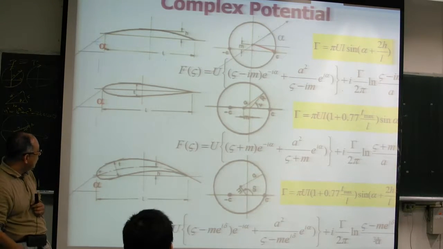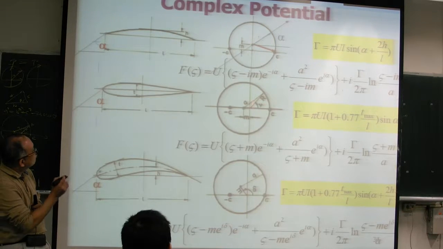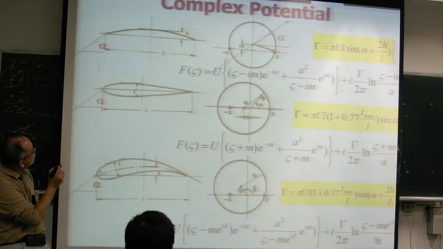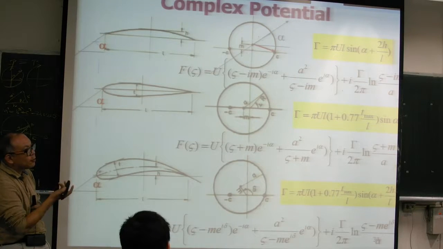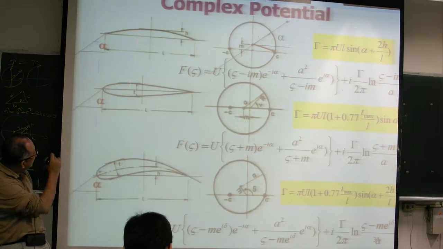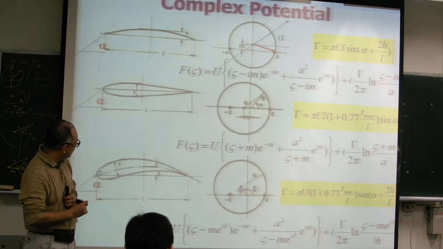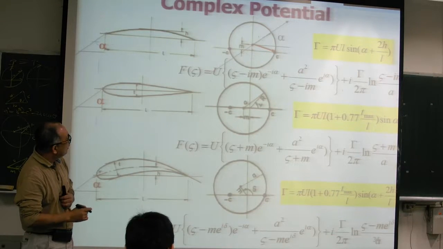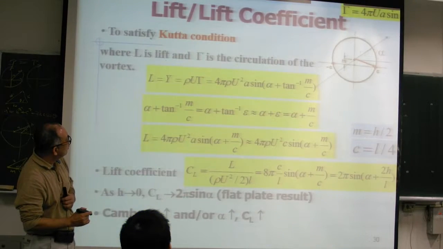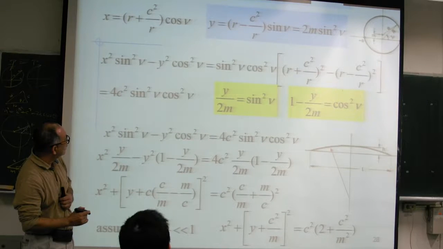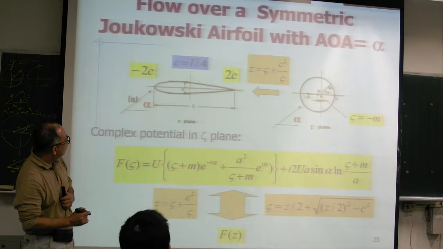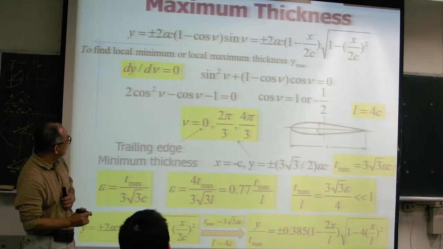Okay, that's the complete potential. After that, you just plug in the Joukowski transformation, and you can find the complete potential in the z plane. I don't think we need to do that because it's already very complicated. So zeta can be changed using a formula like this. Let me show you. Finally here, zeta.